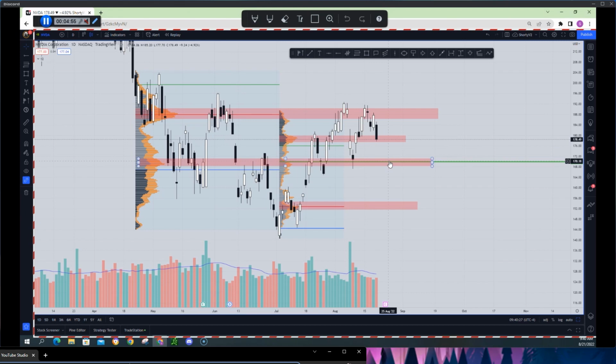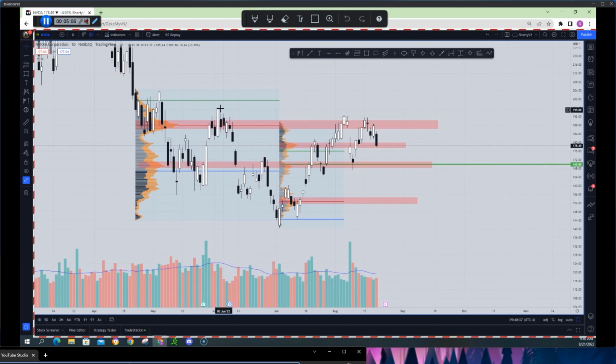So maybe if we come back to this level, you will get a reaction to it, but people get overconfident in holding their position. Meaning when it comes back here, they want it to go, oh, I'm gonna go here. No, there's a huge supply here, so you need to manage the position accordingly and get your profits out before we arrive at this supply.